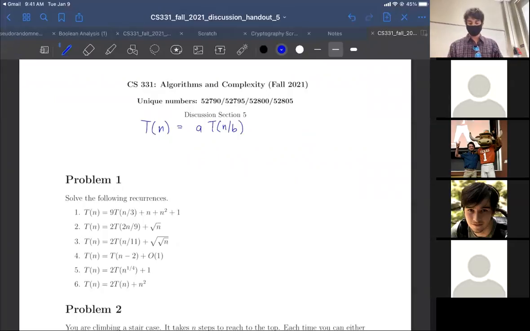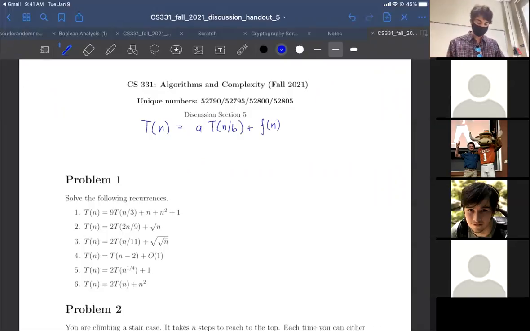Then plus, this is the time it takes to divide it into a subproblems, each of which is a factor of b smaller than the original problem of size n, and then you have some time to stitch them back together. That's f of n.